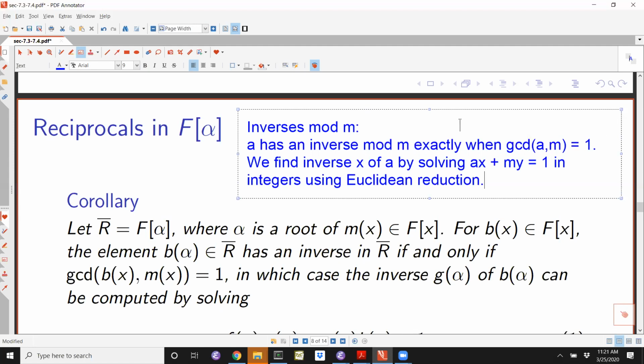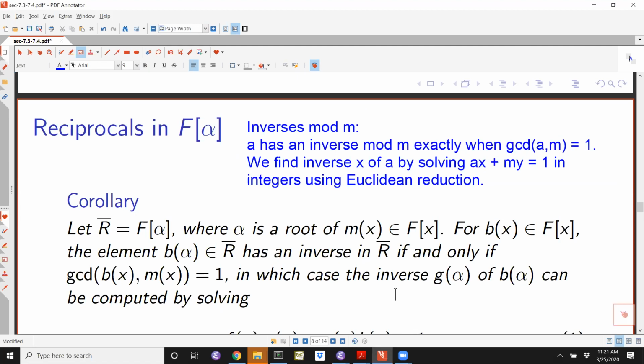We did that way back in the day. Those are simpler times. Does everybody vaguely remember that? You had to use the Euclidean algorithm to find the GCD of a and m. That actually also tells you how to solve ax plus my equals 1. The same thing works here.